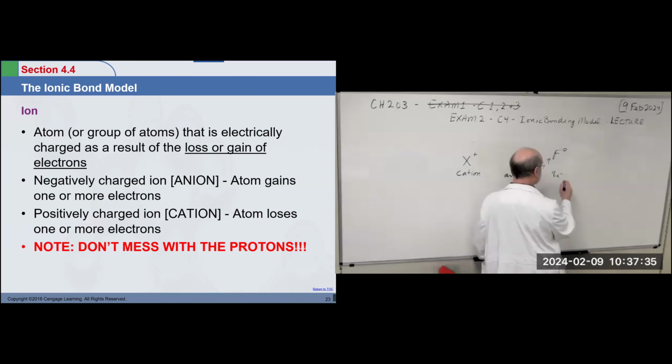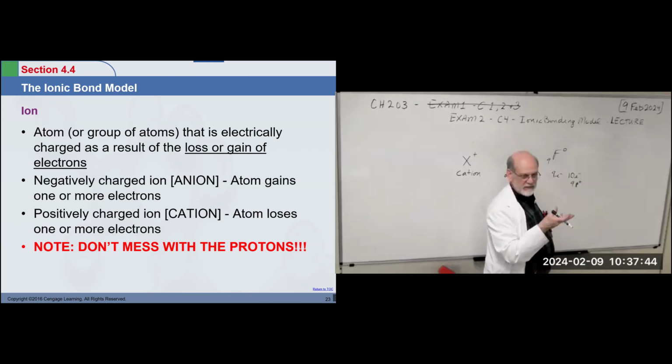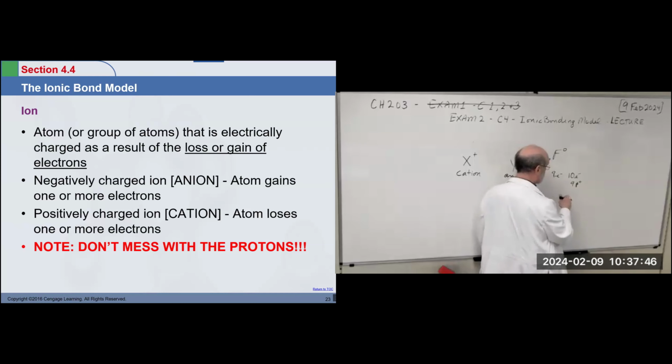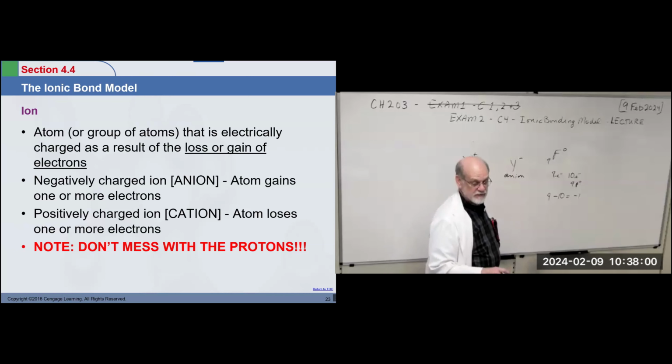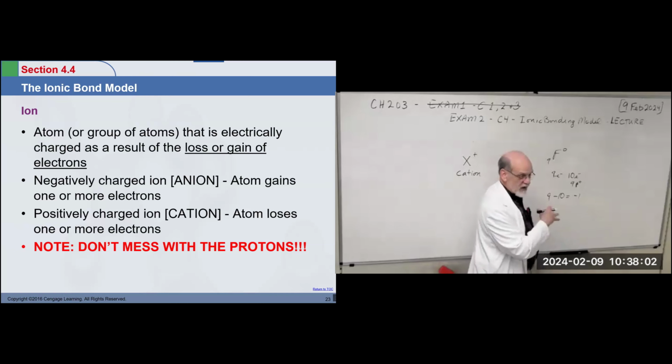So if it gains an electron, now it has 10 electrons, but it still has 9 protons. So you can look at those as simple negative and positive charges. If this is 10 negative, and this is 9 positive, then you subtract 10 from 9, you get a -1. So it's math. Balance of charges is add and subtract positives and negatives.